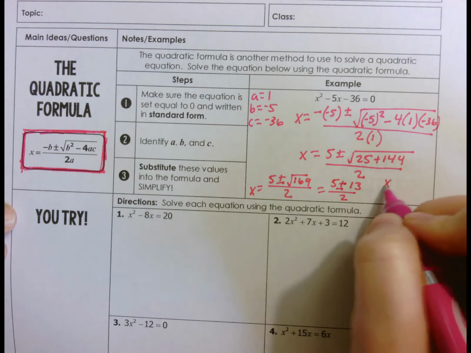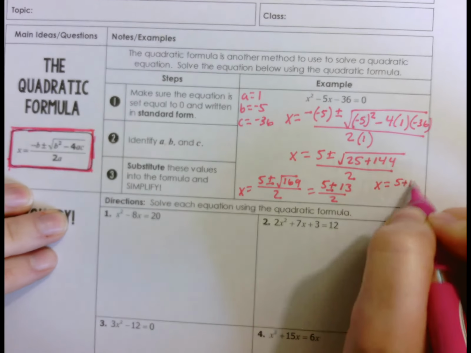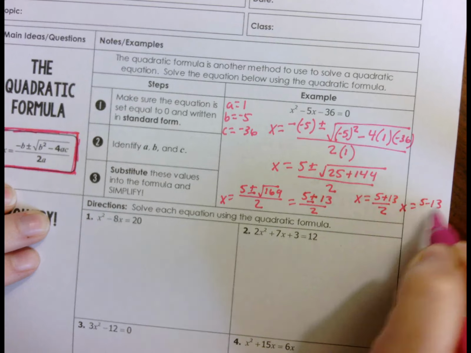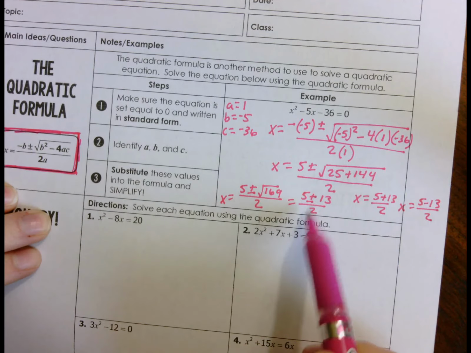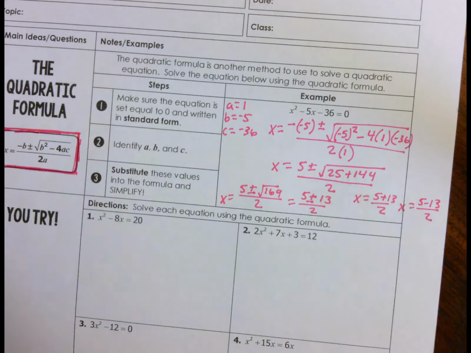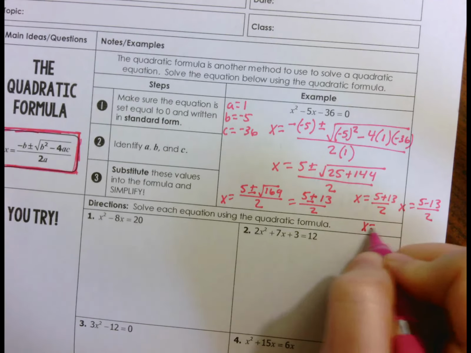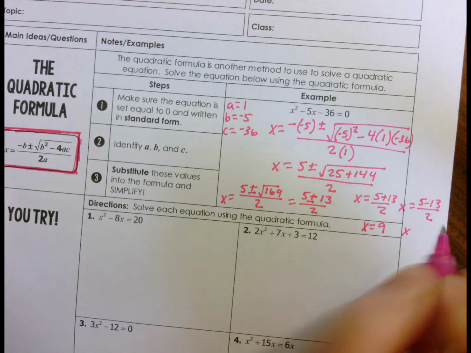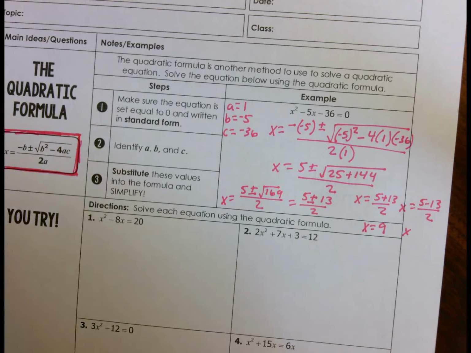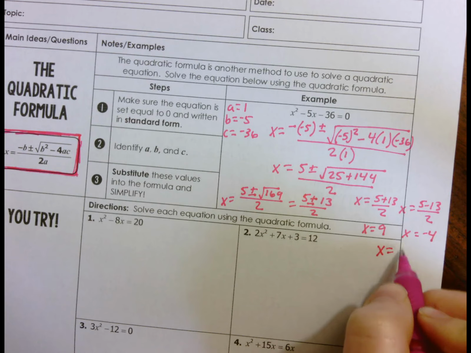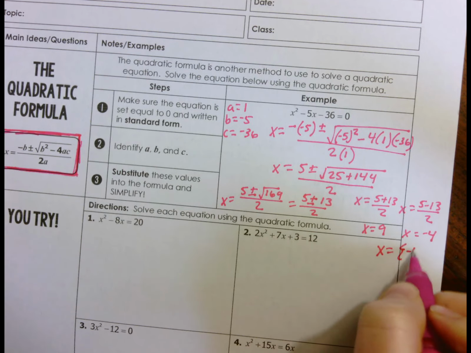We have either x is equal to 5 plus 13 divided by 2, or x is equal to 5 minus 13 divided by 2. I just split the plus or minus into 2. So 5 plus 13 is 18 divided by 2, so that's 9. And 5 minus 13 is negative 8 divided by 2, which is negative 4. So I end up with the two solutions of x is equal to -4 and +9.